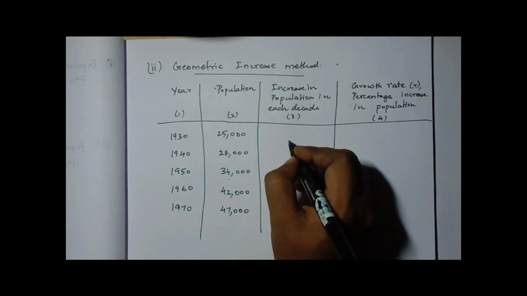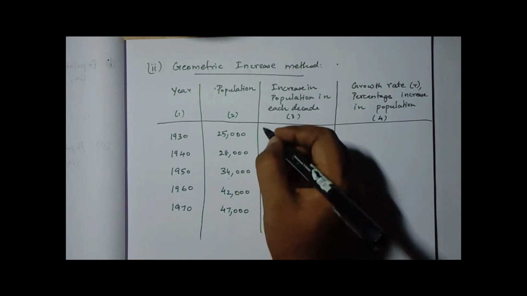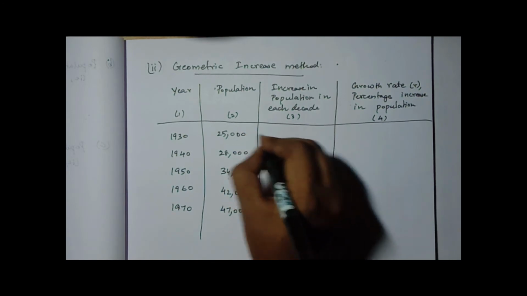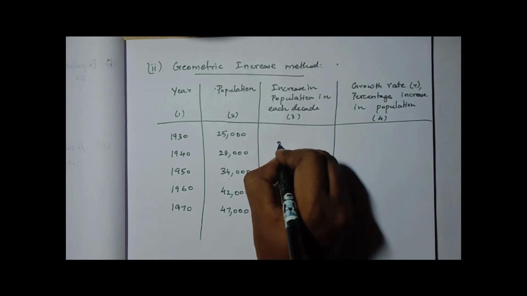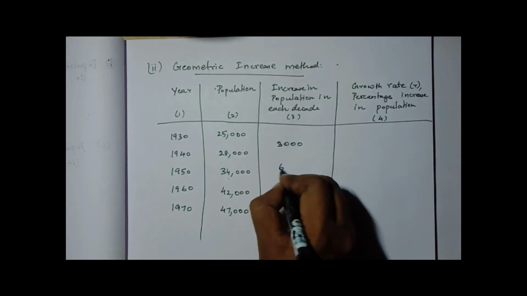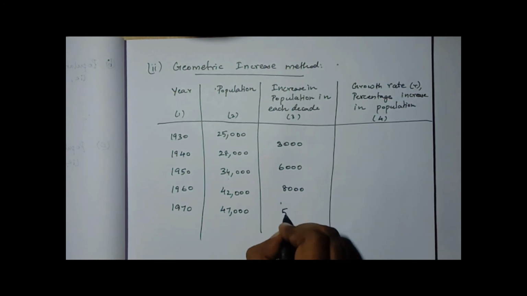So the increase in population we have found using arithmetic increase method. Similarly, here also we can find increase in population from 1930 to 1940 is 3,000, and this is 6,000, and this is 8,000, and this is 5,000.